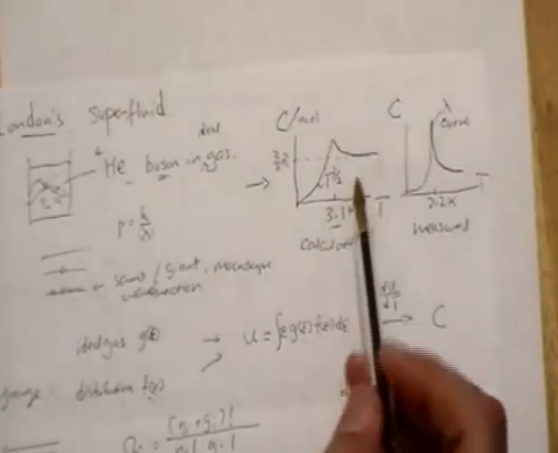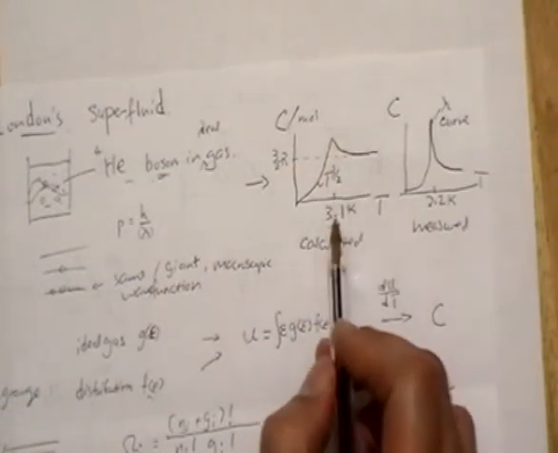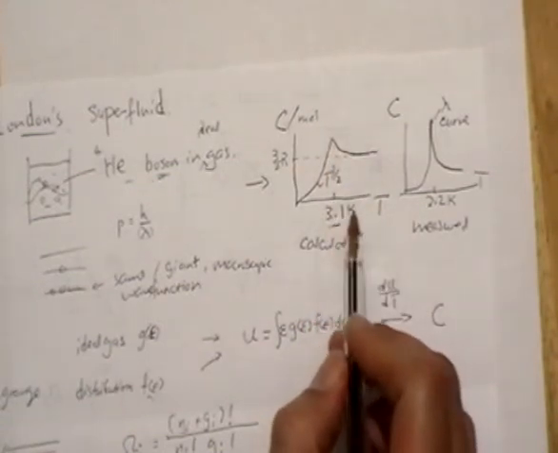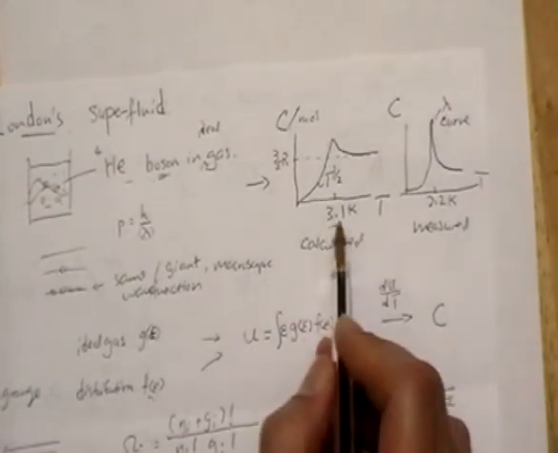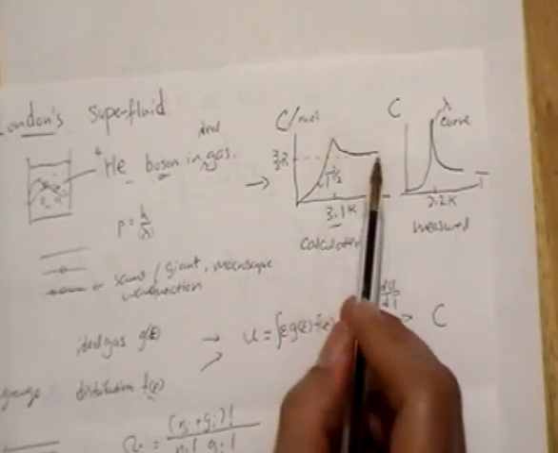And in fact, that's what this is. In this graph, the peak is given as 3.1 Kelvin. Now above that temperature, there's a sudden change, a sharp change in the graph for the heat capacity.